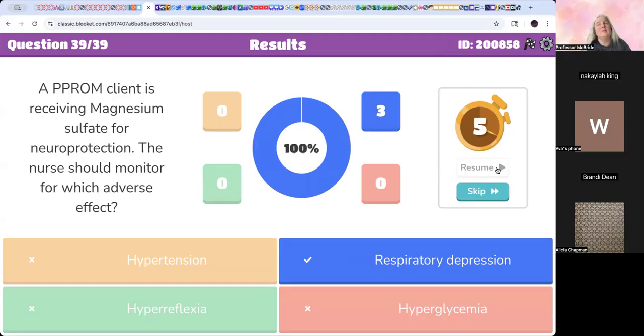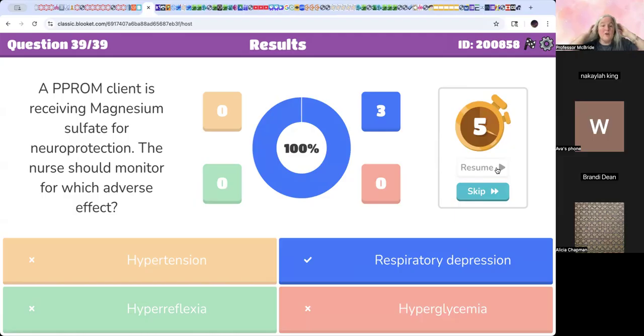So remember, guys, that magnesium sulfate has a tocolytic effect. It can slow contractions down. It also can provide neuroprotection for a preterm baby. It helps protect the vessels in their brains. So we use it to give us time to get betamethasone on board if she's preterm by slowing contractions down, and also to give the baby protection for their brain.